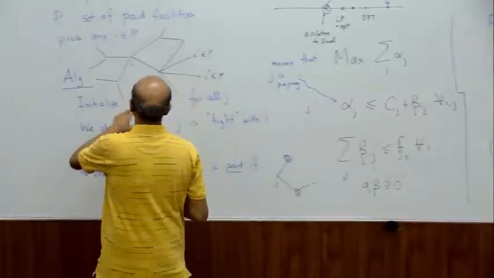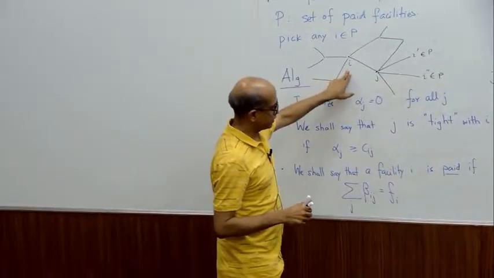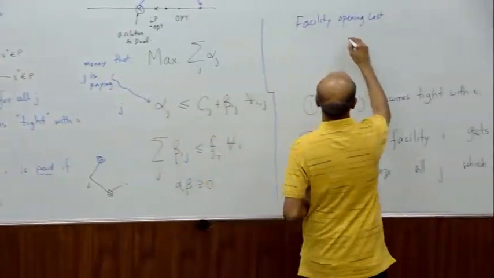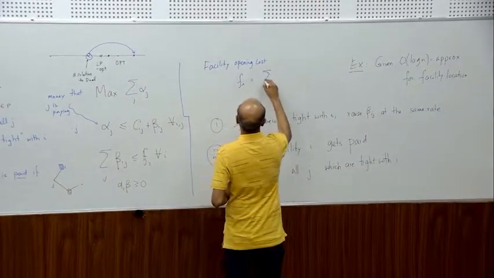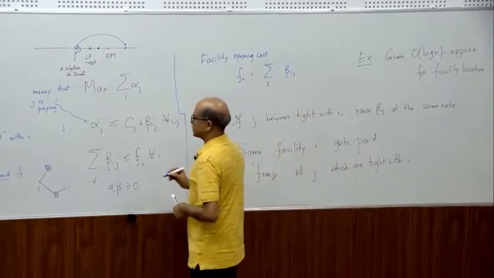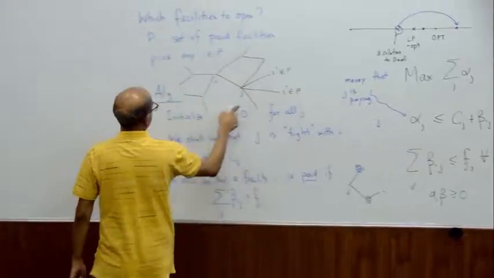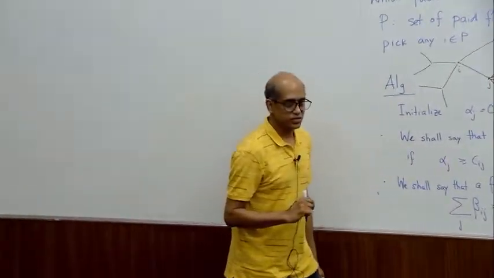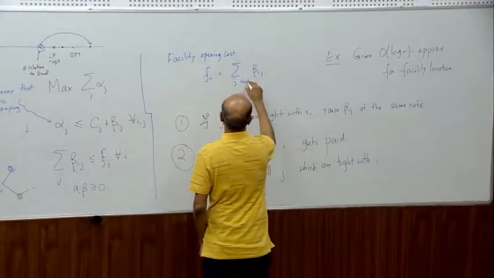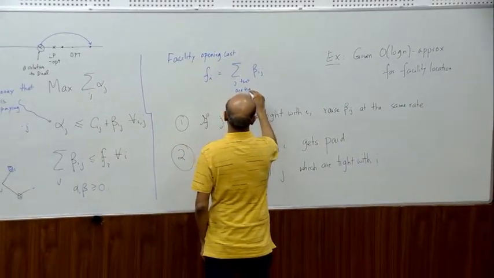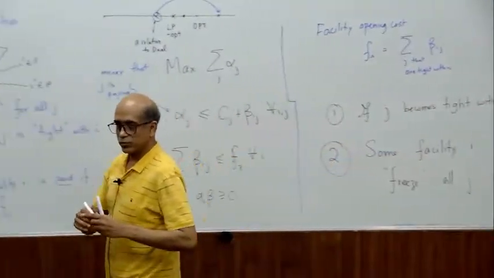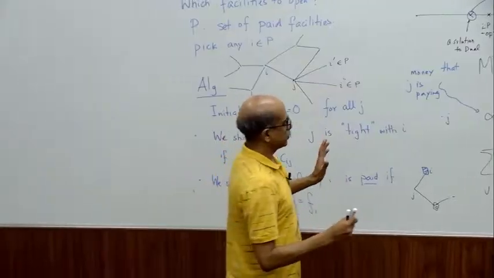Well, this Fi here, remember, is equal to the sum of beta ij over all j which are tied with it. J that are tied with it.